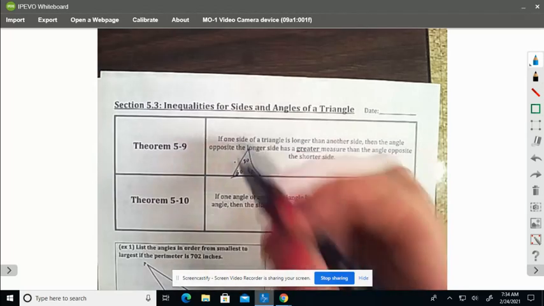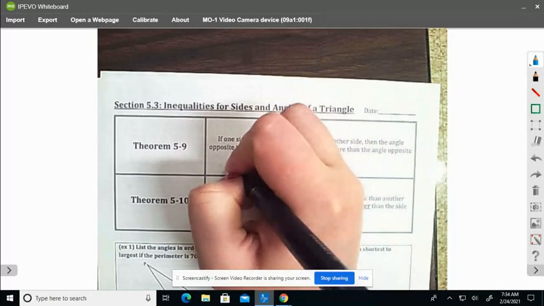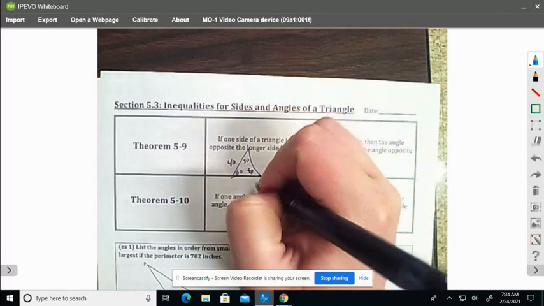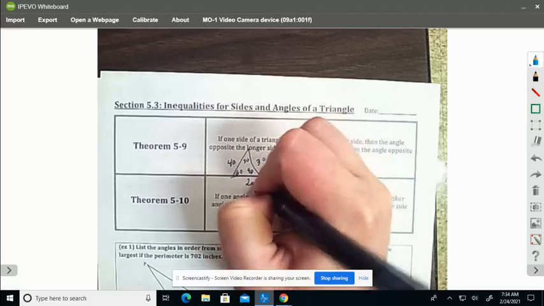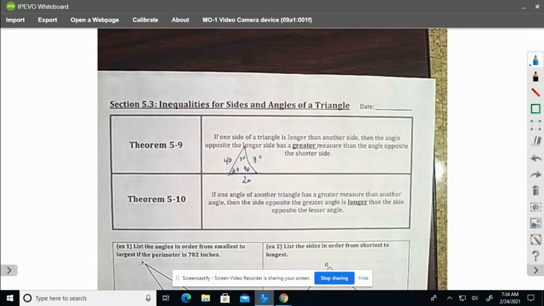If the sides were 40, 30, 20, this is the largest side, so the angle opposite it must be the largest. Okay, so we did already touch on this a little bit.